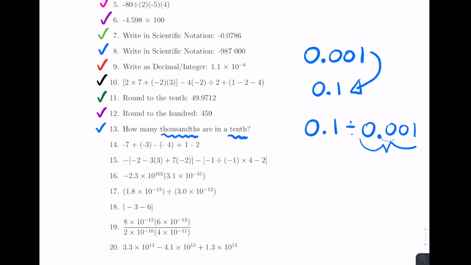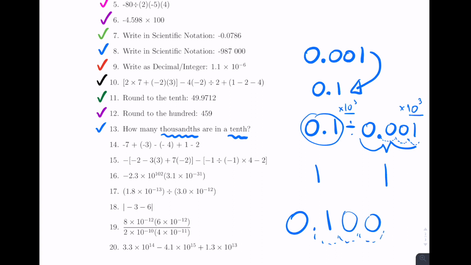So we shift the decimal spot. Really, we're multiplying by 10 three times until it's gone, which is going to give us just 1. But then we also have to do that to this. They always have to shift the same amount. Now if we shift that 3 times, 1, 2, 3, it's going to turn into 100 divided by 1, which is 100. So that would be your answer.